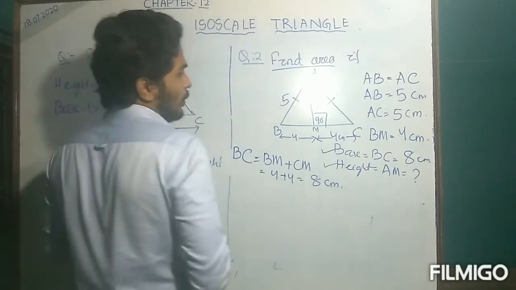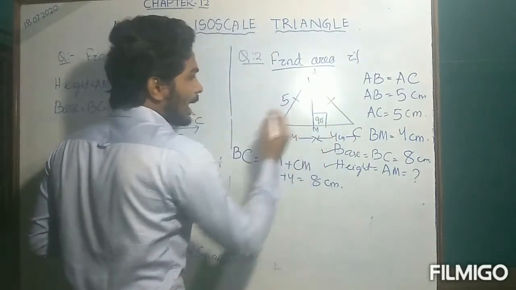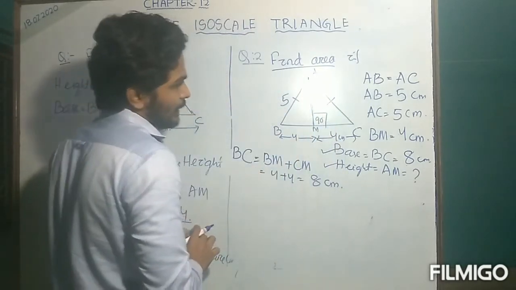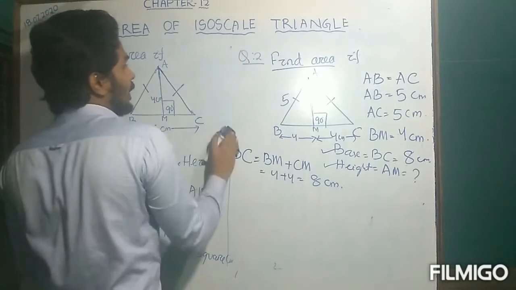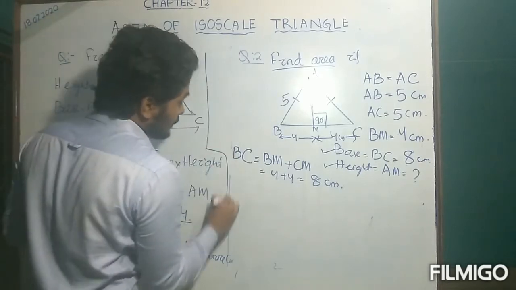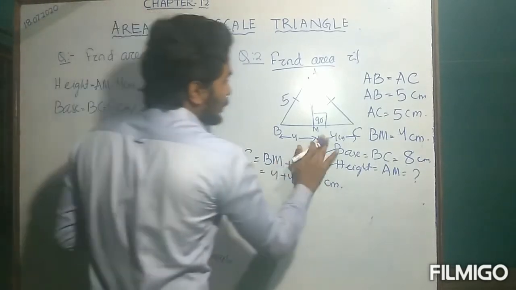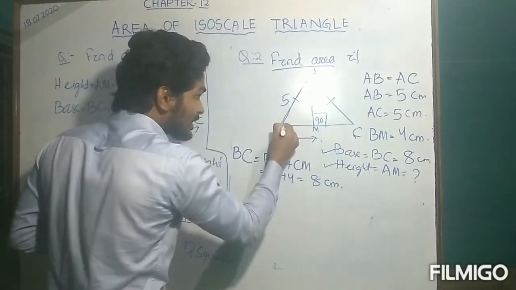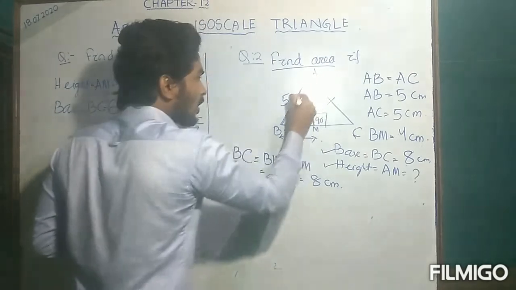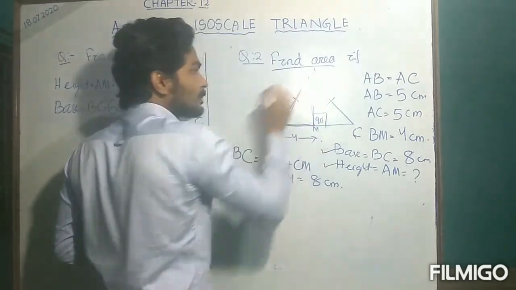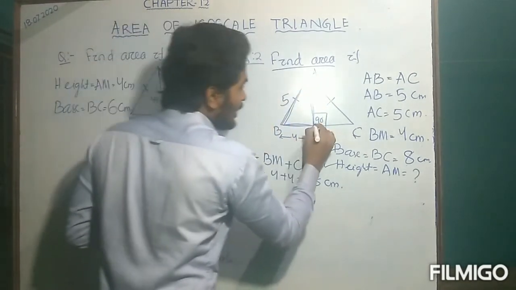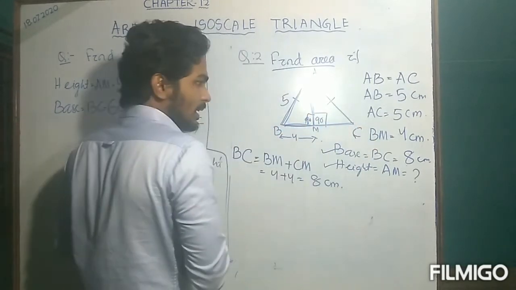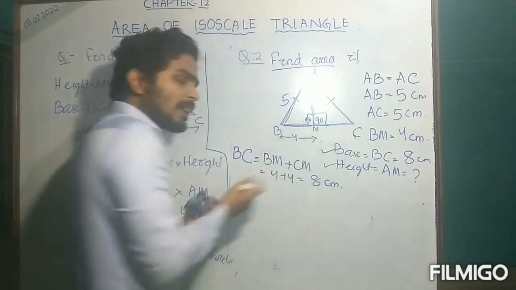Now we will find the height part, that is AM. How can we find the height part? See how I am finding it. Here, what is given? Is this a triangle or not? Yes, this is a triangle. If it is 90 degree, this is also 90 degree because it is a straight line. 90 plus 90 is 180 degree.